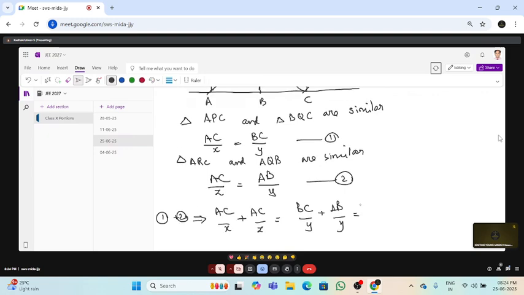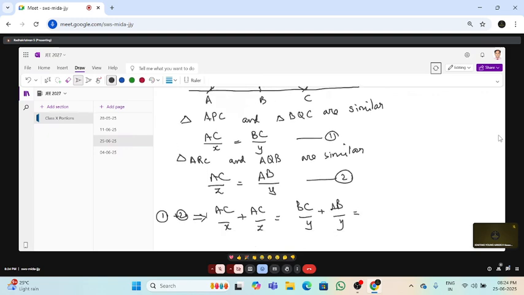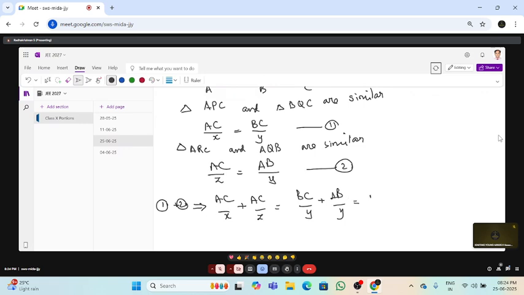But what is BC plus AB? BC plus AB is AC. Okay, so now we got it. AC by x plus AC by z equal to AC by y. That means dividing by AC, 1 by x plus 1 by z equal to 1 by y.